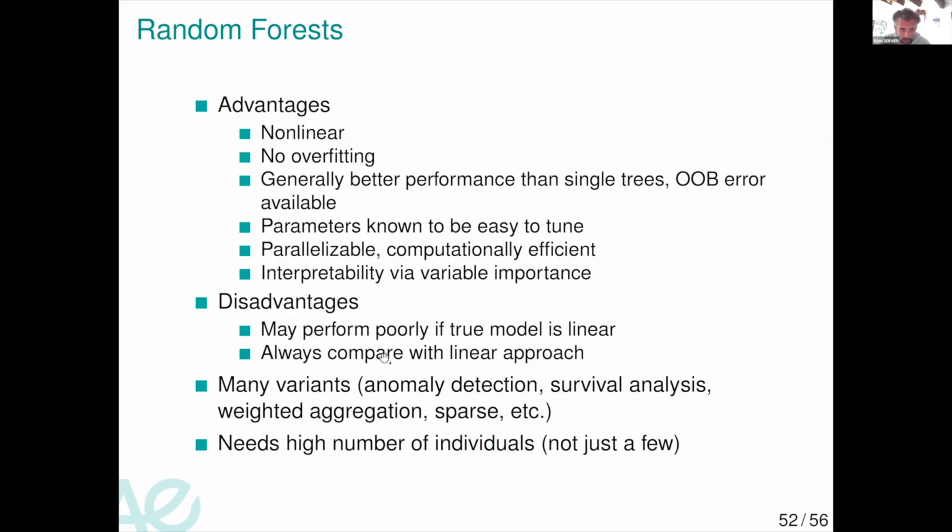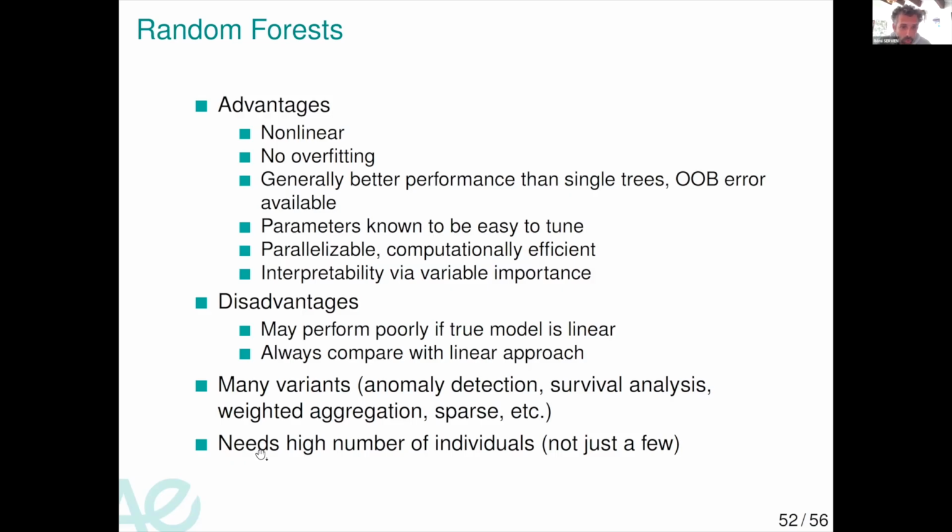As for PCA or PLS, there exist some variants where you could deal with anomaly detection, with survival data, that perform weighted aggregation, or if you want to perform some kind of sparse models.